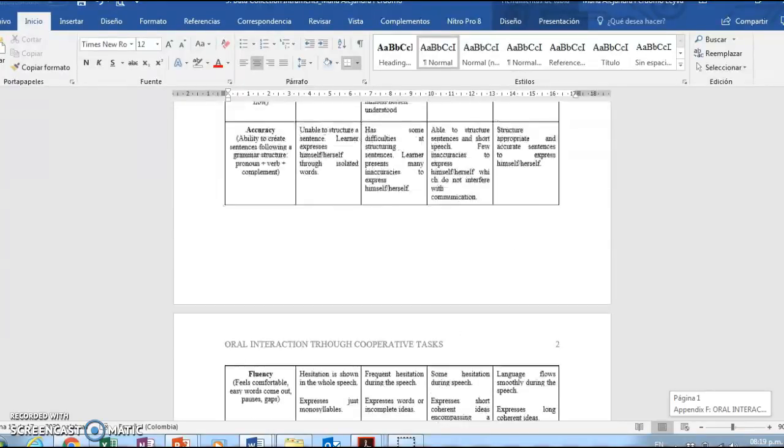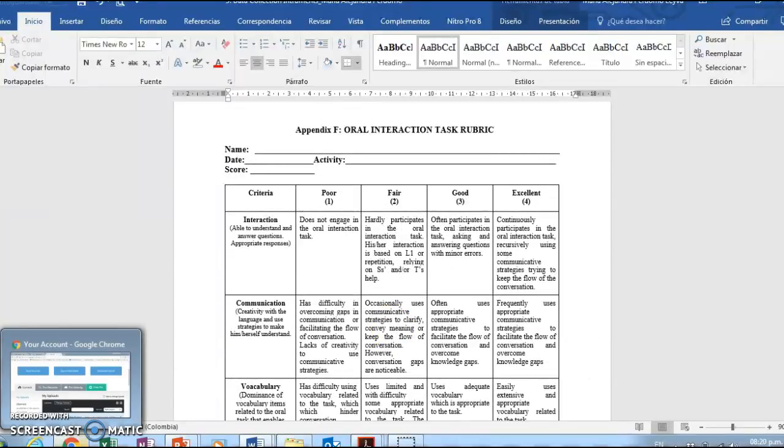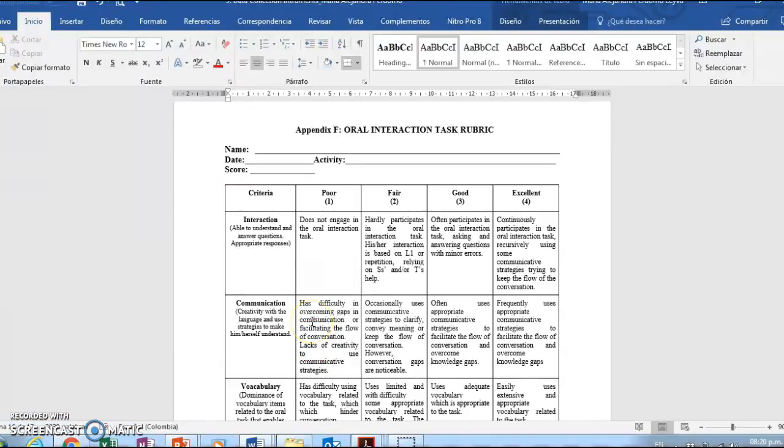I want to make it clear that besides assessing the oral interaction of the students, the recordings are going to provide detailed information through transcripts, which are going to work as proof of the interactions of students.